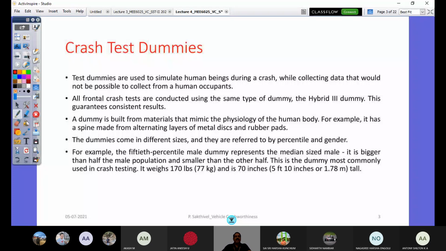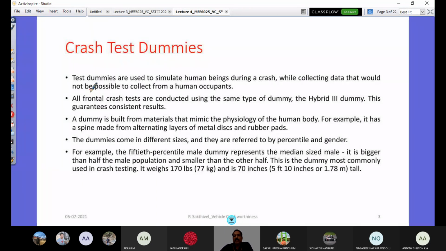First, for any crash test, the crash test dummies are prepared. The test dummies are used to simulate human beings during a crash while collecting data that would not be possible to collect from a human occupant. This is so important. We can't risk volunteers sitting in a crash test and losing their lives, so test dummies are used in place of humans. What is the advantage of test dummies?